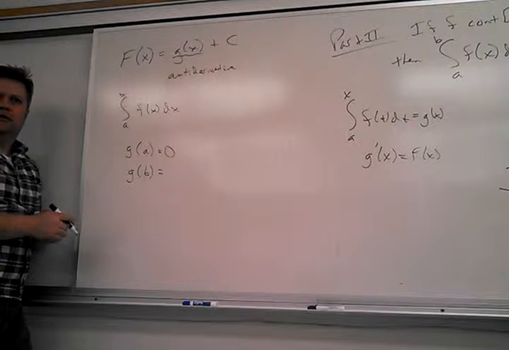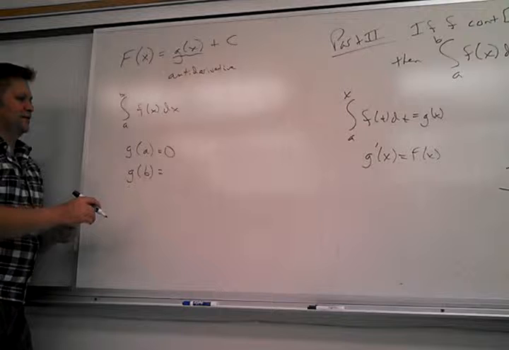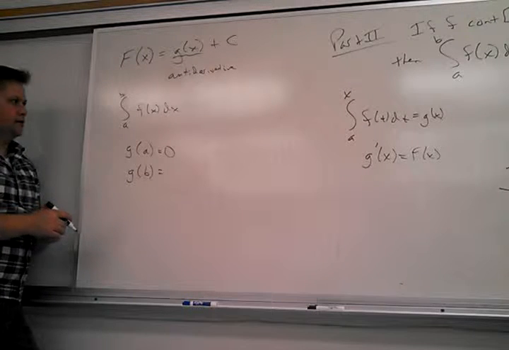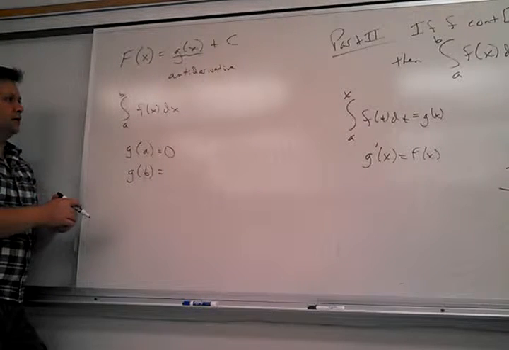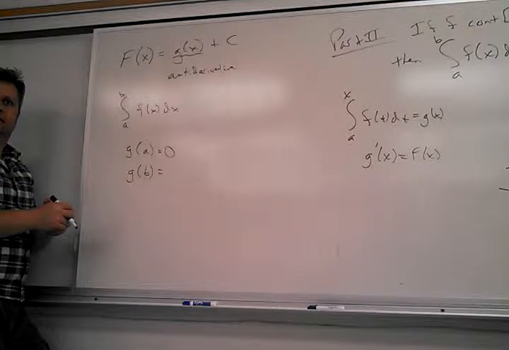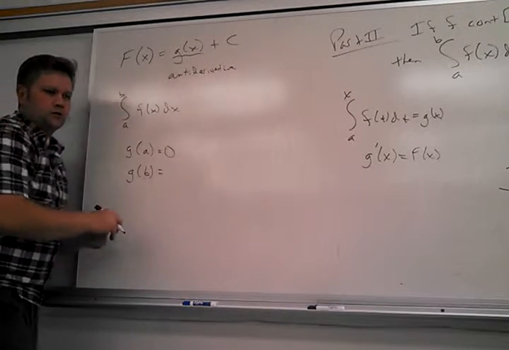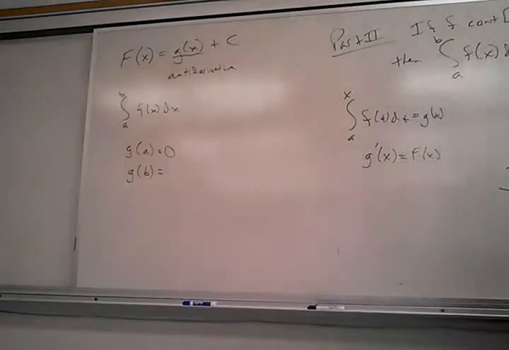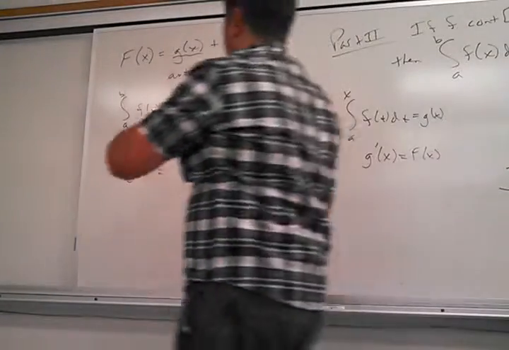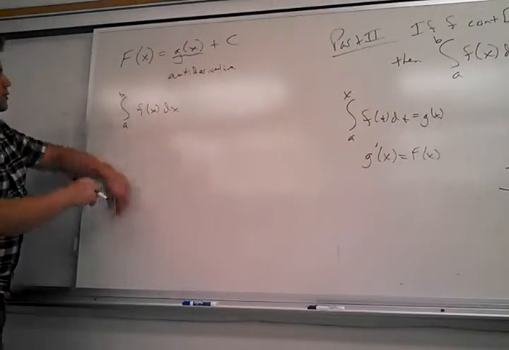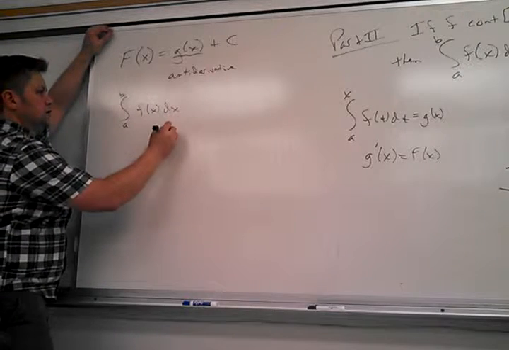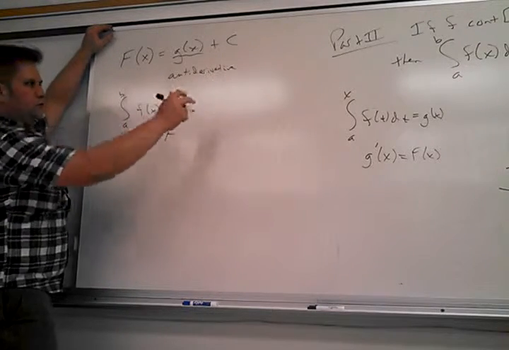Of course, g of b would just be this thing. I keep going in circles. I had a way I wanted to do this, and then I turned it around. Let's do this in the reverse fashion.